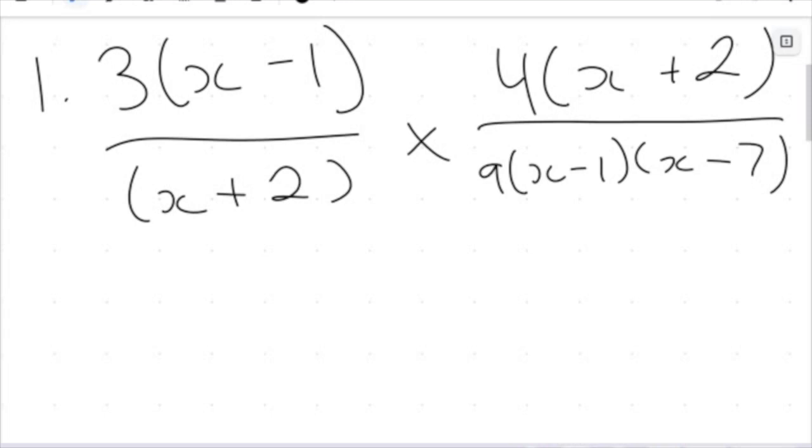So when we do these types of questions, I urge all of you to go with a simplification first strategy if possible.